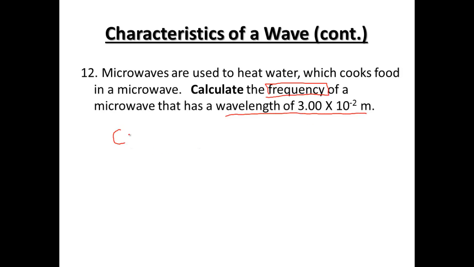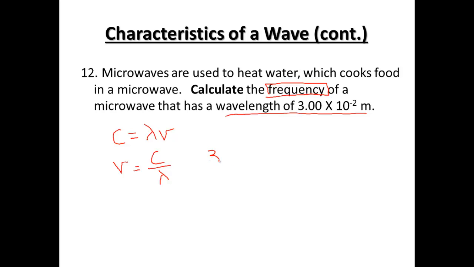Now, c is going to be equal to lambda times nu. And this time we're solving for frequency. So to rearrange the equation, we're going to put lambda under the c.